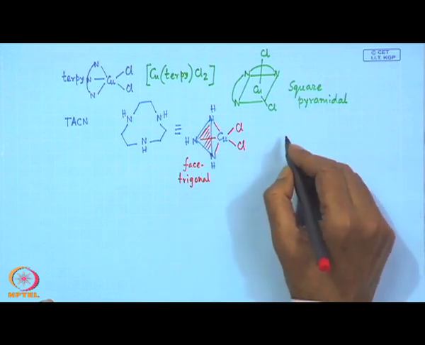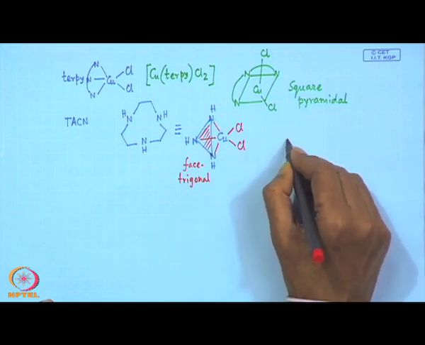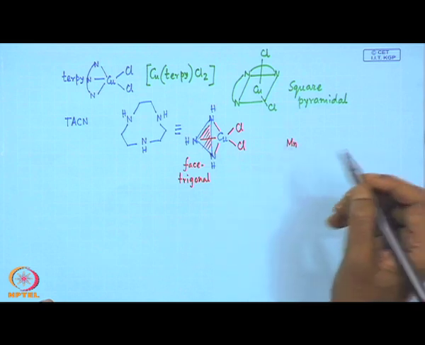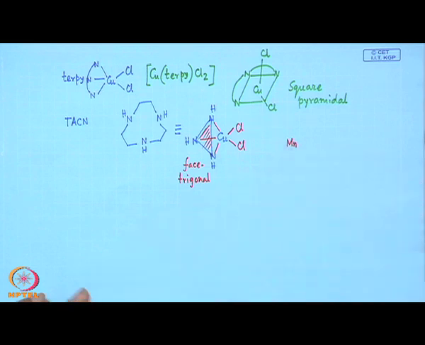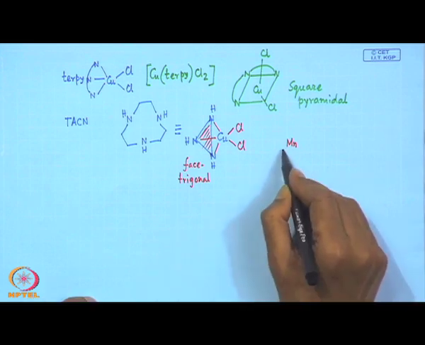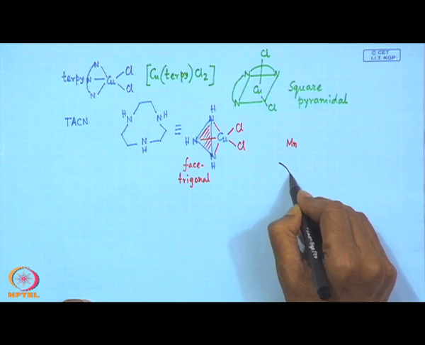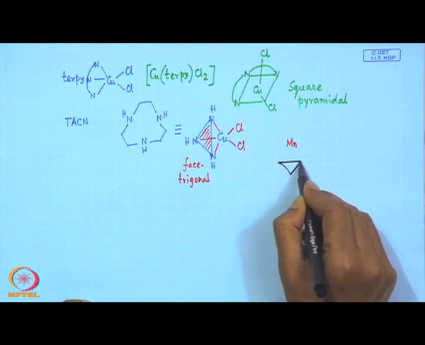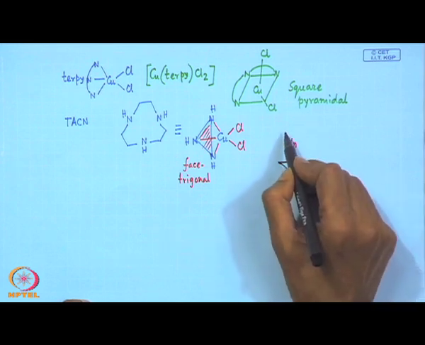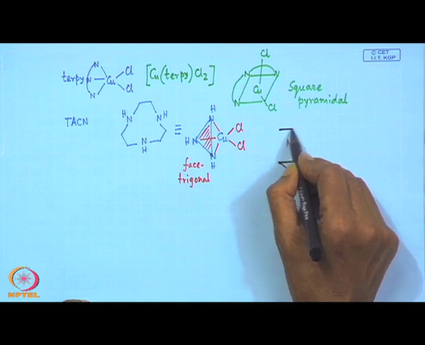Similarly, if a compound like manganese or anything which basically supports the octahedral geometry, we can have one tacane from below and another tacane from above.